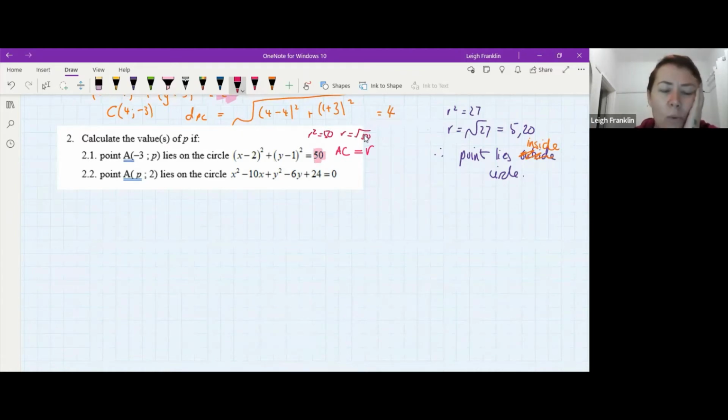Okay, but now when we sub into the distance formula, we're going to end up with a root over our distance formula, and a root over 50, and then we're going to have to square both sides anyway, right? In order to work out the value of P, P represents a y coordinate.